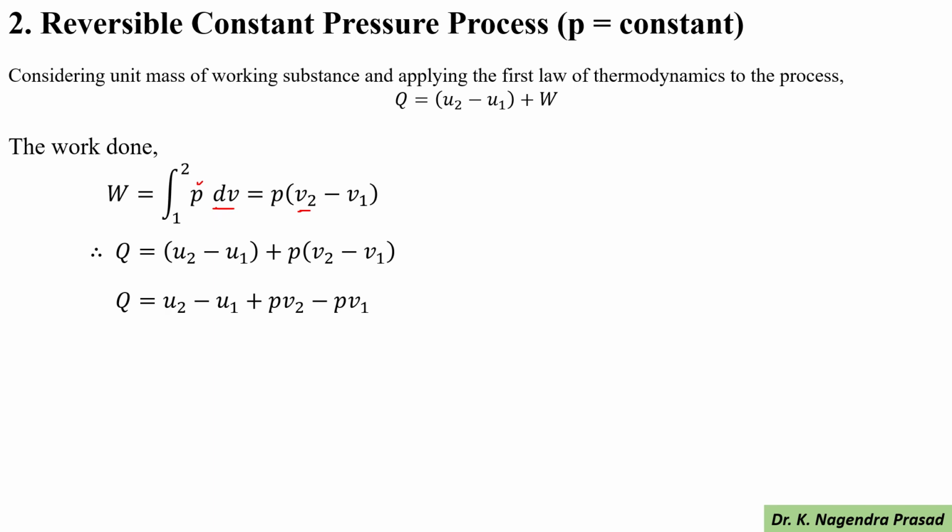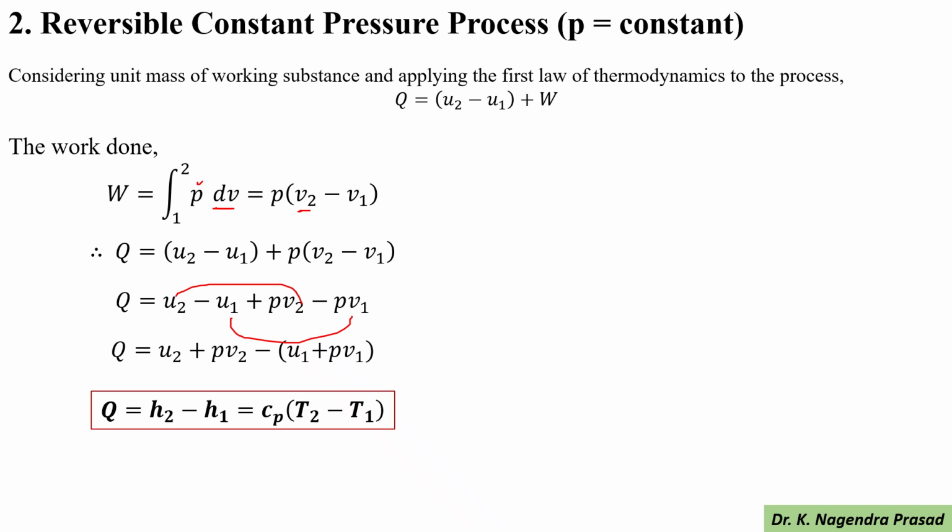This equation can be written as U2 minus U1 plus PV2 minus PV1, that is, Q equals (U2 plus PV2) minus (U1 plus PV1). And we know that enthalpy is equal to U plus PV.